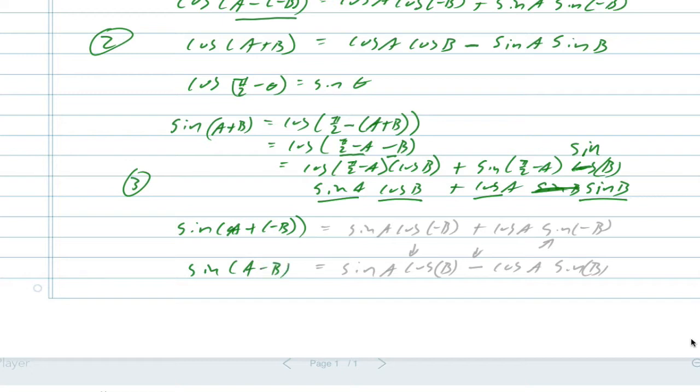So sine A plus negative B will be sine A cosine negative B plus cosine A sine negative B, which simplifies to sine A cosine B minus cosine A sine B. This sign right here changes because sine negative B is an odd function. The sign here does not change because cosine is an even function. I hope that clears things up for you.